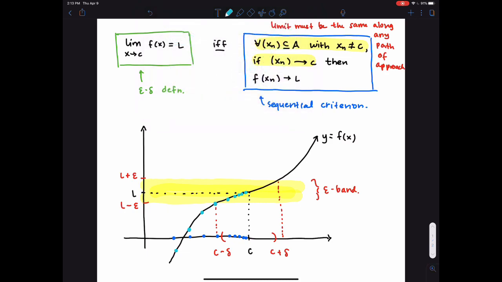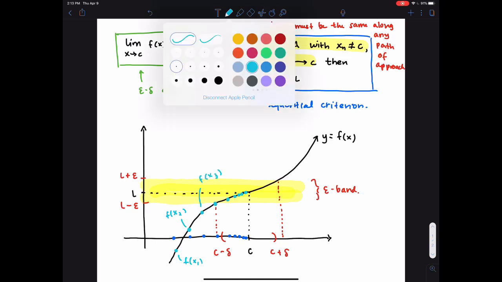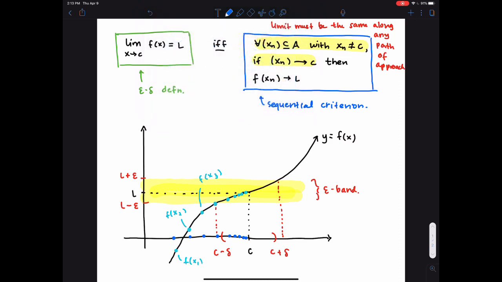This value here would be f of x1. This value is f of x2. Here's f of x3. And just to label some of these points, we've got x1, x2, x3.